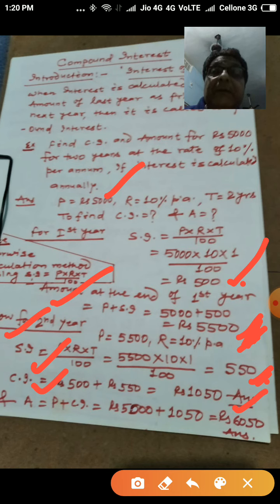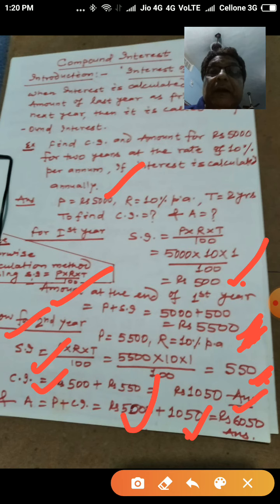Now what will be the amount? Amount will be equal to principal plus compound interest. So the principal is 5,000, meaning the amount we have taken as loan, that was 5,000. We have already taken the loan, and now we will pay extra money as compound interest, rupees 1,050.